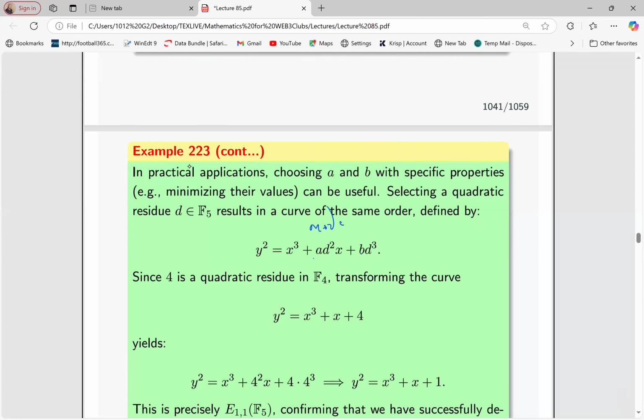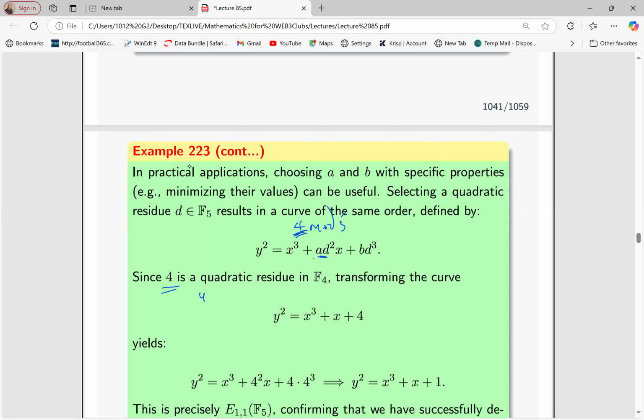There are several numbers that have a square root mod 5, and I've chosen 4, because 4 will have square roots 2 and -2. But we have several numbers. So you can choose this, and if it fails to give you what you want, you can choose another. But let's choose 4.